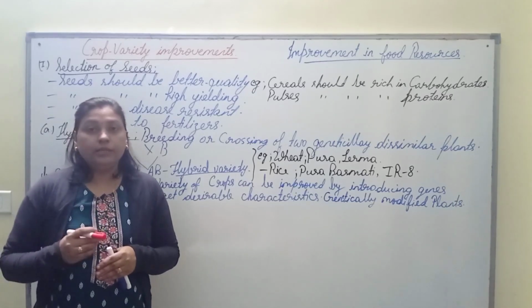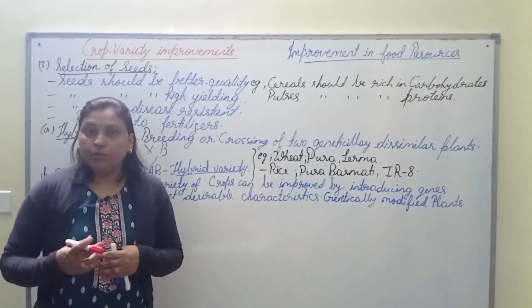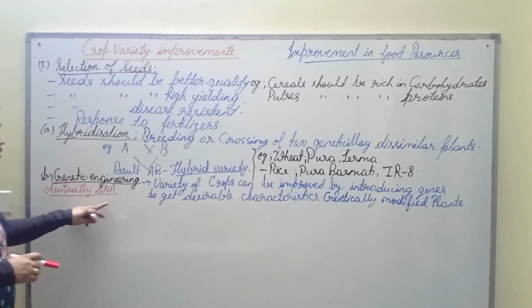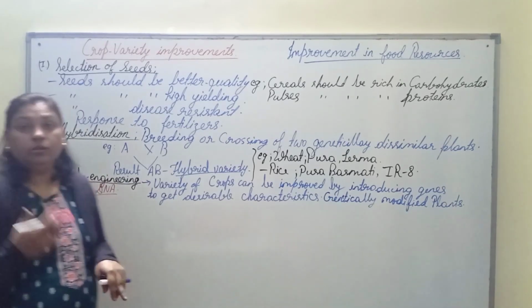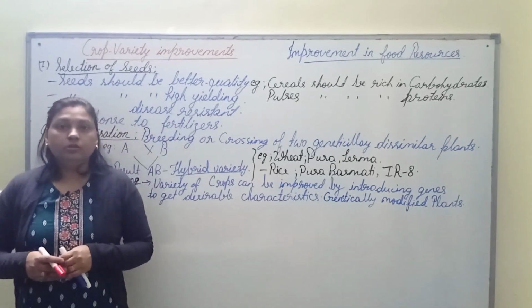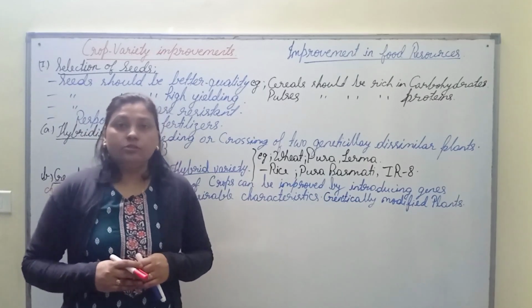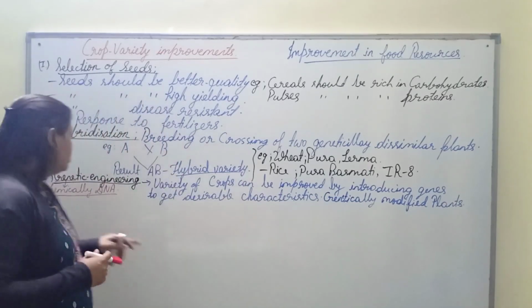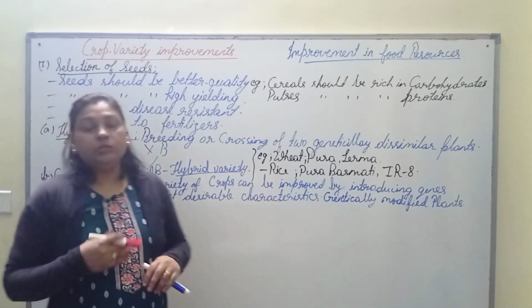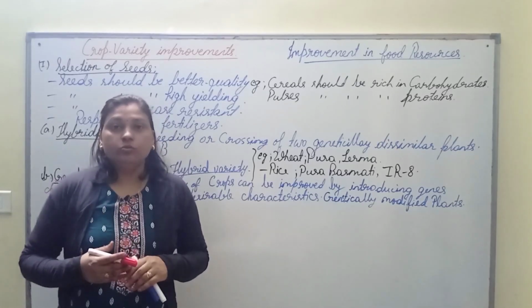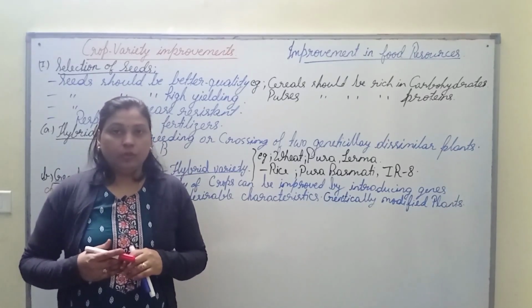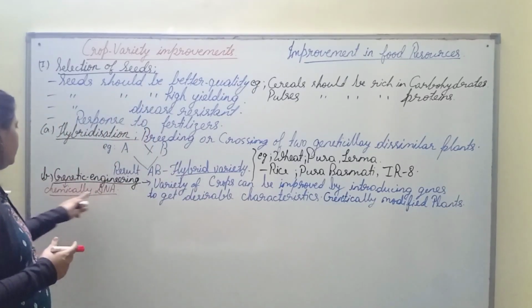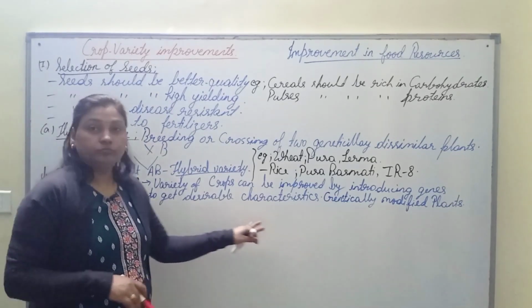Different genes or DNA carry different particular characteristics that are transmitted from one generation to the other. That means the characters via genes are transmitted from parents to their offspring. So this is about gene and genetic engineering.